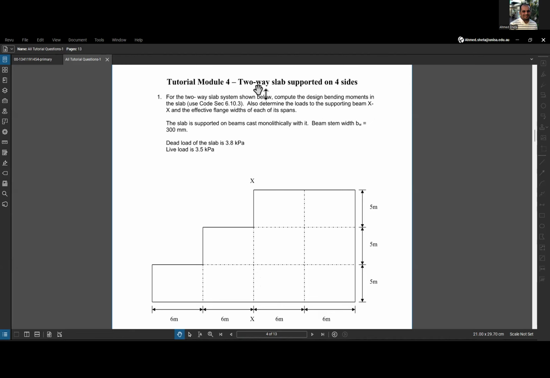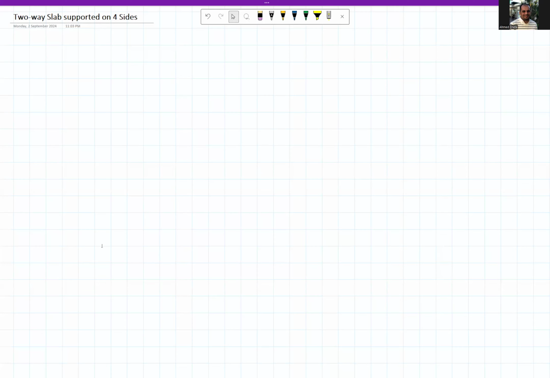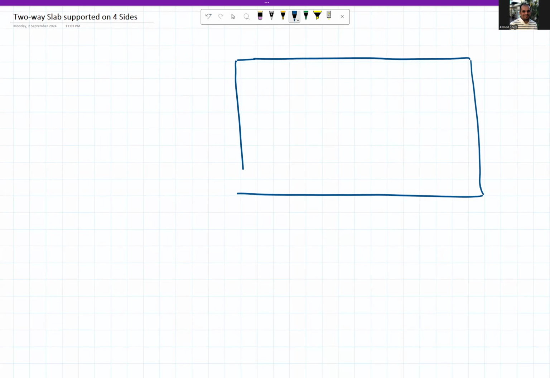Okay, this example is for two-way slab on four sides. So before we go through this example, I will just briefly explain some of the concepts we need to know for this slab. So let's assume we have a continuous slab consists of two bays like that.